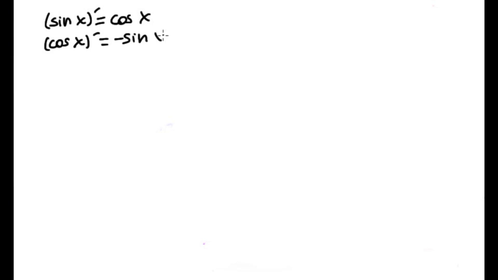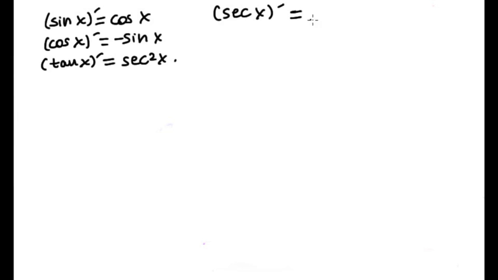So this is a mega review. So the derivative of sine of x is equal to cosine of x. Simple. Derivative of cosine x is obviously negative sine of x. We derived tan of x to be secant squared of x. What's the derivative of secant? Well, I haven't explicitly done it, but you should still know.